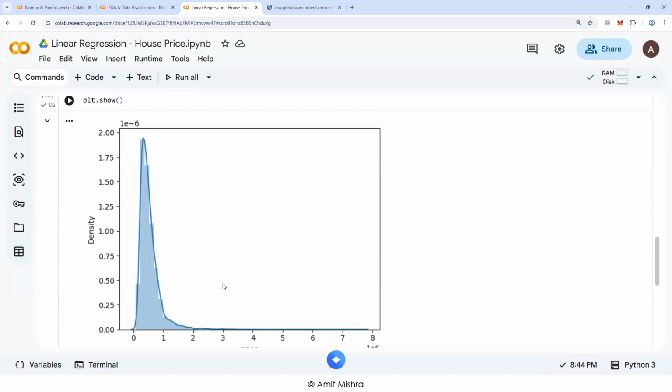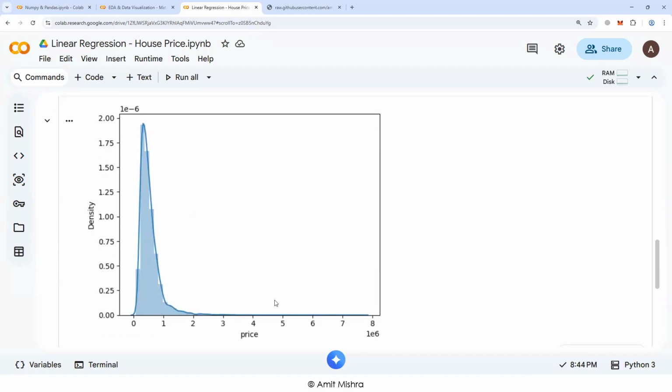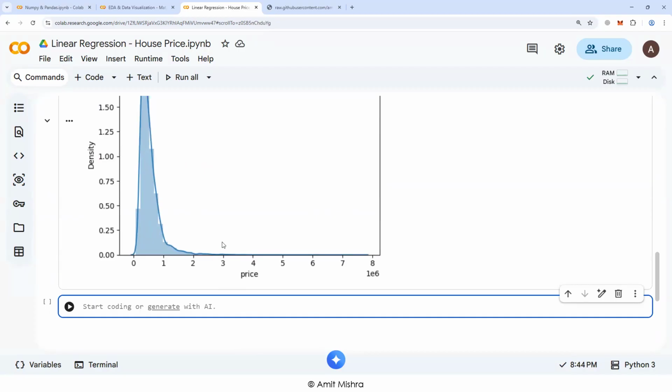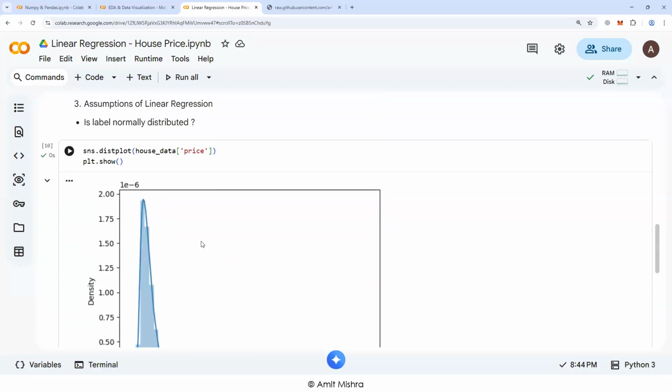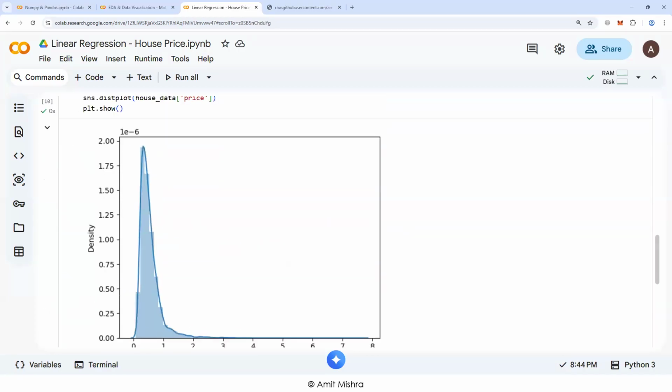Okay, it shows that it is not normal. So what type of distribution is this? This is skewed, right? What type of skewness is there? Positive skewness, right? One big, sharp peak, so kurtosis will also be very high. And so as you see, your data is showing the sign of skewness.